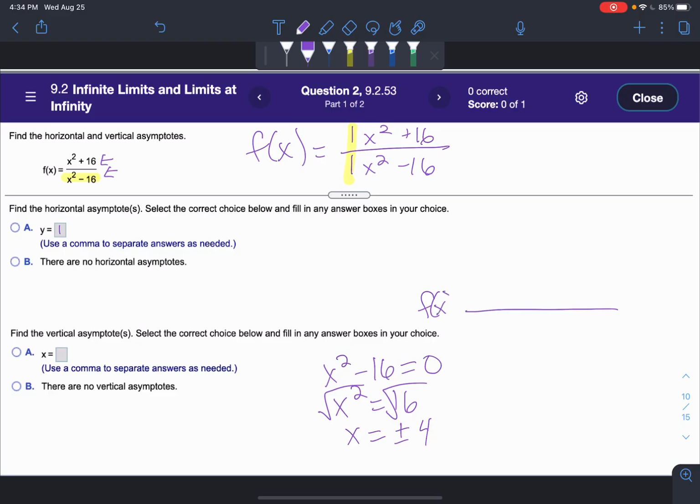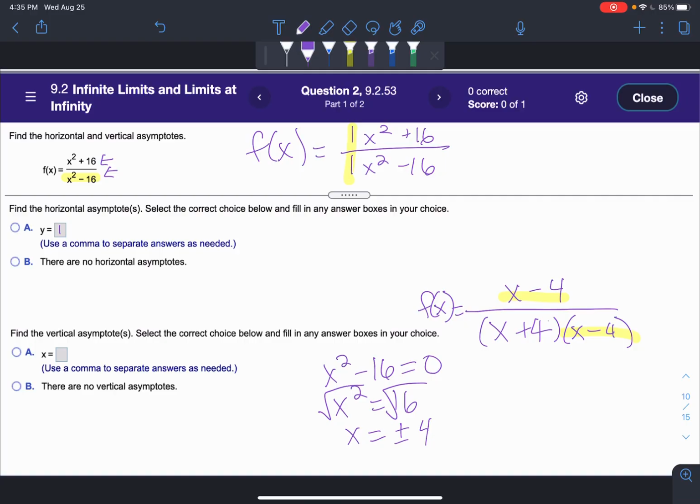So the numerator is not factorable here, but let's just say the denominator factors as x plus 4 times x minus 4, because it's a difference of squares. But let's say I had a numerator now of x minus 4. And so you notice that this term is the same as this term. So we can cancel them.